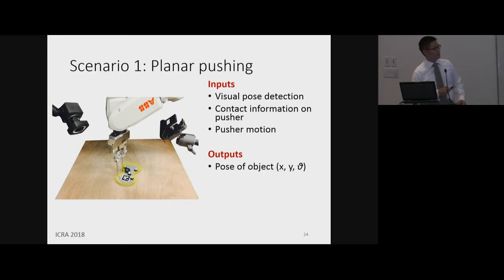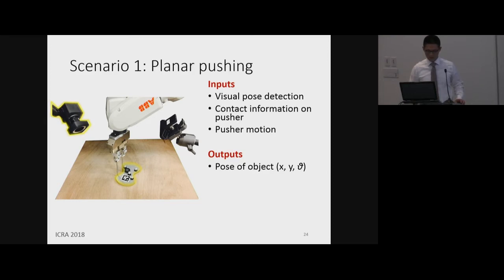One thing to note is that from the inputs, we expect the camera can give us roughly 1 centimeter accuracy, and from the contact information, we are expecting millimeter accuracy. So by fusing them, we hope we can get a better estimation.